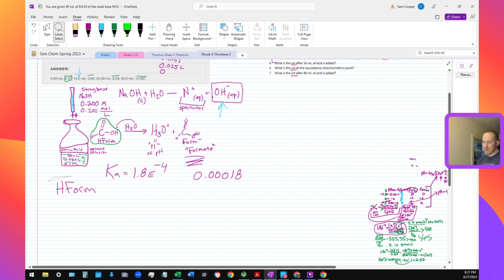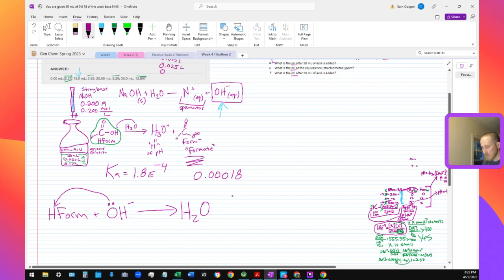So we have this formic acid sitting around in the flask, and when that OH minus drops down, this is basically going to happen every single time. The OH minus has this lone pair over here that would just love to get that proton, because when it does, it gets to become H2O.